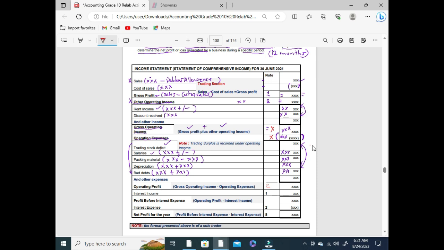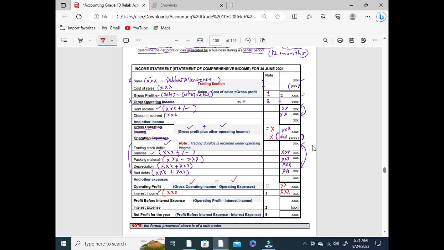And then, as they told us, it's gross operating income subtract operating expenses, then we have our operating profit. And then we are going to have our interest income, whereby it's going to be interest on fixed deposit, all the incomes that we are expecting from all the interest that we are earning, then they will be recorded as interest incomes, and then they will be positive.